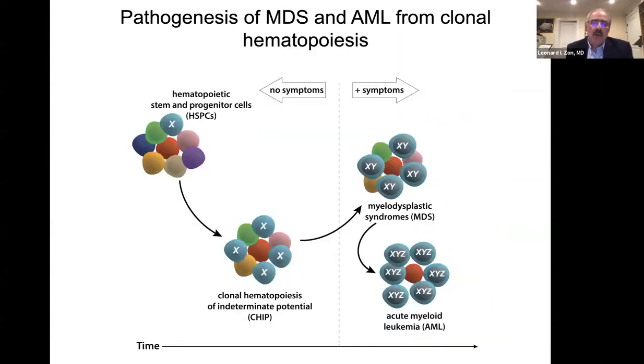So what we can think of if we're thinking about leukemia, in a typical patient, let's say an adult patient, during development, there's a diversity of stem cells. And I've just put here a number of different colors because every stem cell has a different approach. But what happens as people age is a syndrome called CHIP, or clonal hematopoiesis of indeterminate potential.